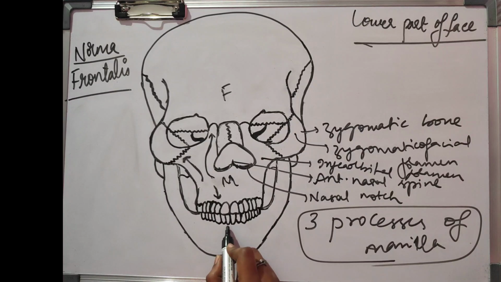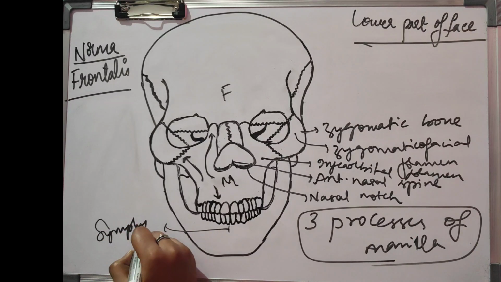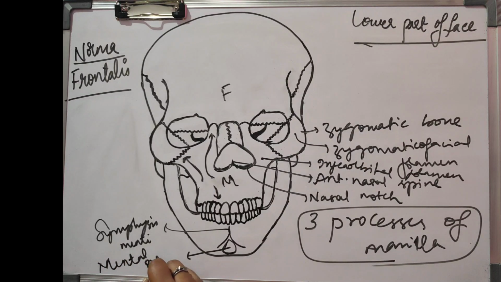At the midline of the body of the mandible, that is here, we find symphysis menti, and the symphysis menti divides and forms one triangular eminence which is known as mental protuberance, and if we see, this is triangular in shape and this is the base. At the center of the base is depressed, but on either side it is raised.